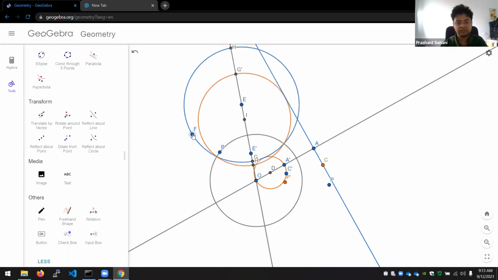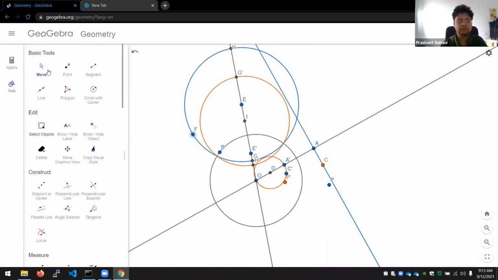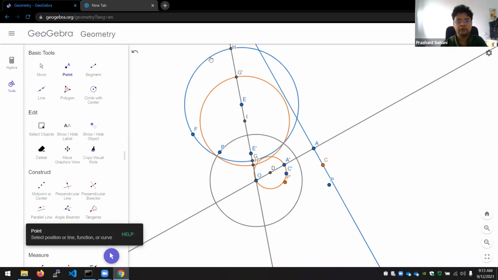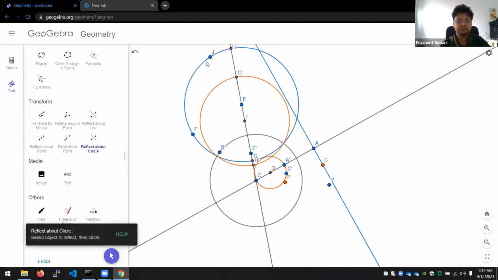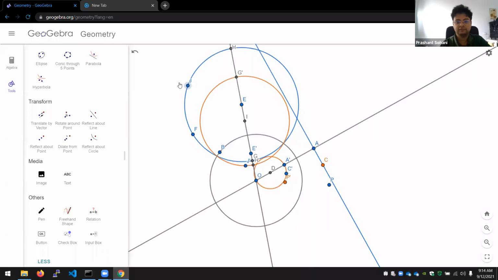But that is a bit of a misleading statement, because what is happening is, if I take any random point J on the first circle and look at its inverse, J is going to this point J dash, but the circle as a whole is remaining invariant.